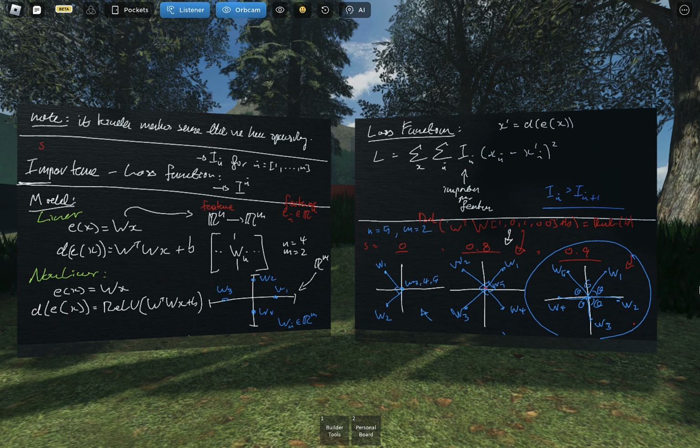The story to be told is about the place in between where it switches. Clearly you're paying some price for not being able to reconstruct W5 in the middle diagram. But as you increase the sparsity, it's worth taking the risk of representing W5, because it's so rare that you'll have to recover a linear combination.